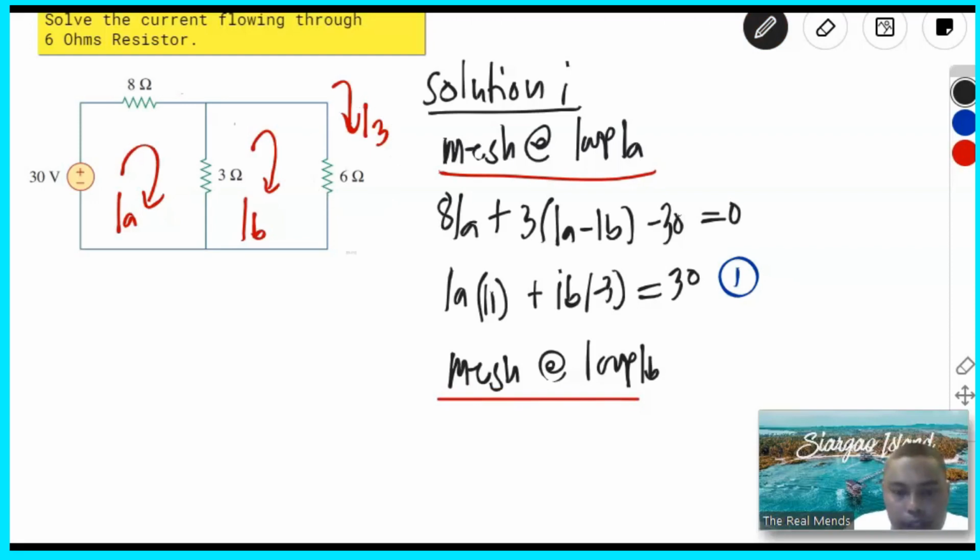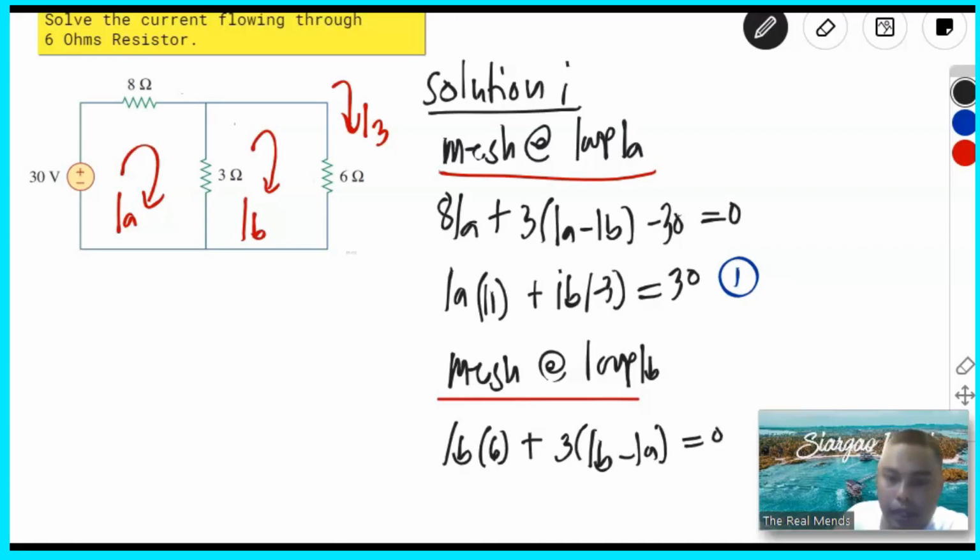So we can write IB, sorry, that's IB times 6 plus the current flowing through the 3 ohms, that is IB minus IA, and then that is equals to 0.